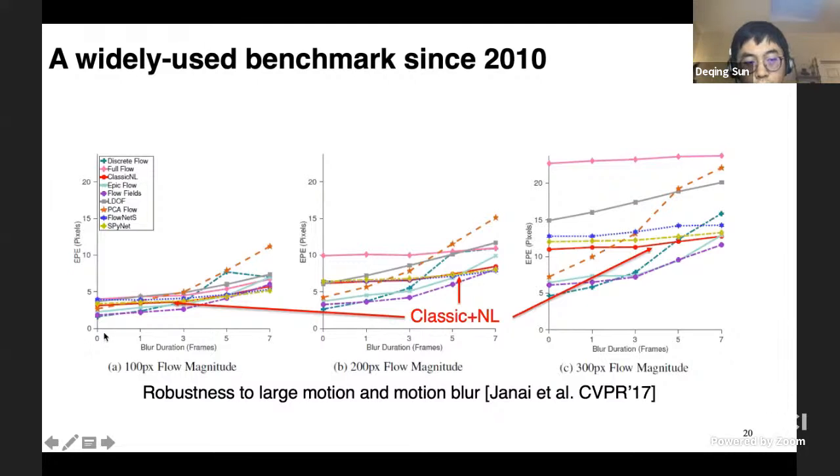When you increase the motion blur, classic plus NL tends to perform quite robustly. The error rate doesn't change that much, unlike some other methods that work well with small motion blur, but whose performance degrades.